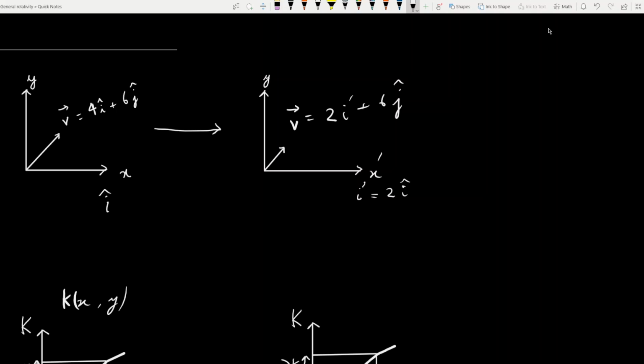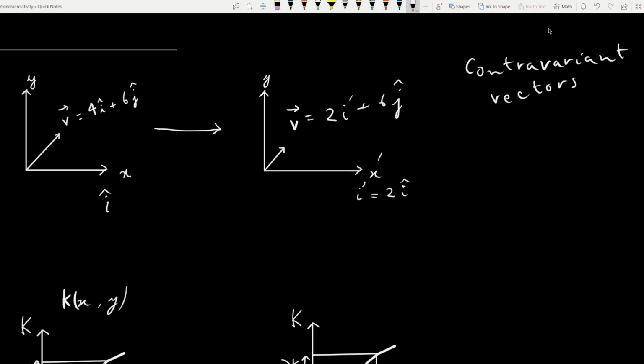So there is a reverse action going on. So we can say that this sort of vector is called a contravariant vector. Contra because it's doing the opposite of our transformation matrix. Contravariant vectors.